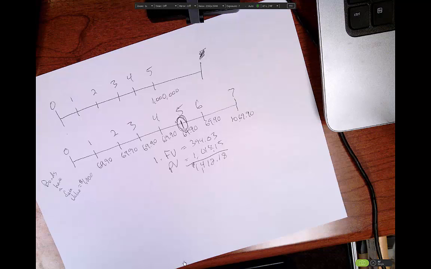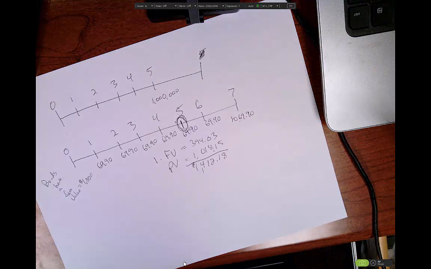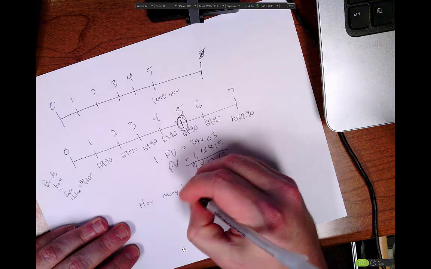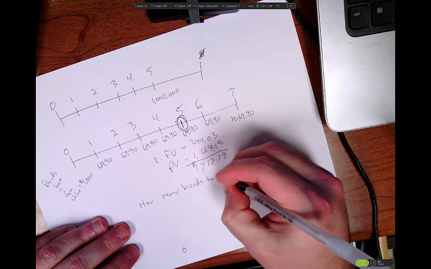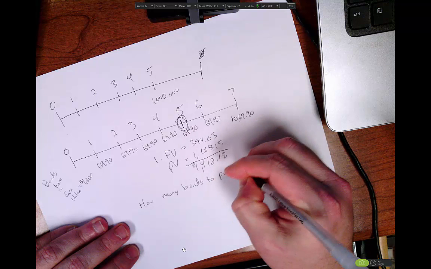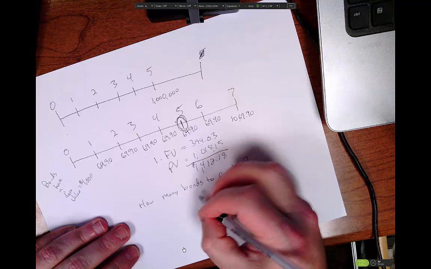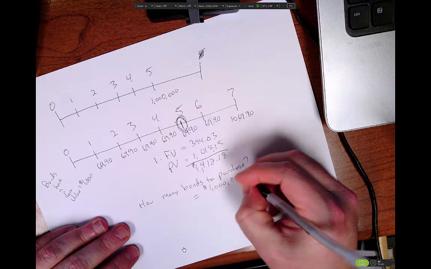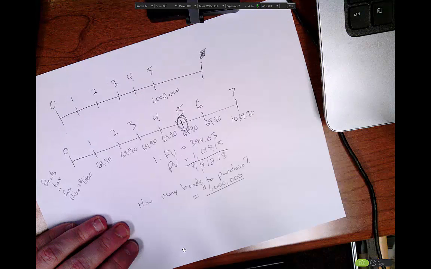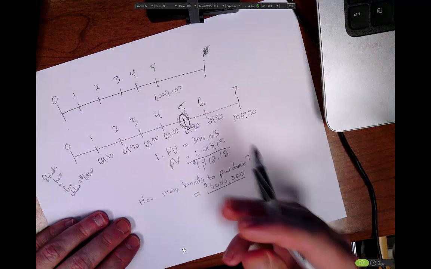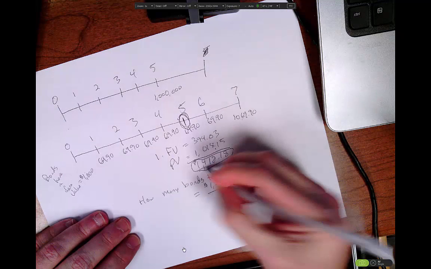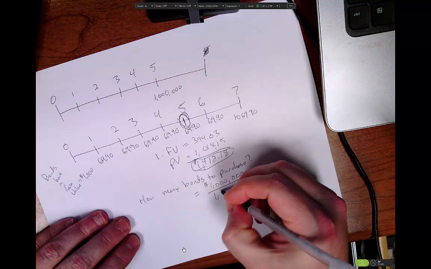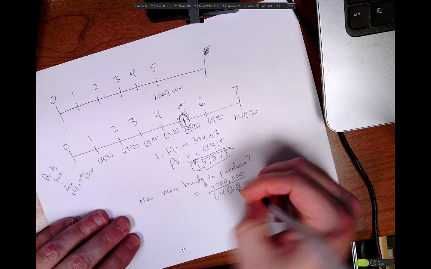So to find out how many bonds I need to buy in order to get there, well, I need $1 million in 5 years. And each of these bonds, if the yield to maturity doesn't change, I will have in value from purchasing this bond $1,412.18. Okay.